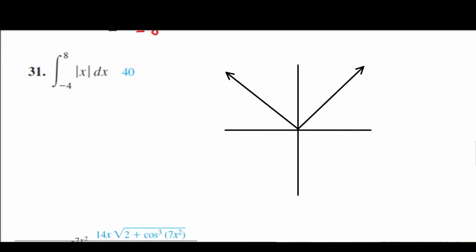And limits of integration is from -4 to 8. So let's say, well, I don't know why I am so anal, but this thing not being exactly 45 degrees bothers me. Okay, say -4 is here, and then 8 is twice as much.